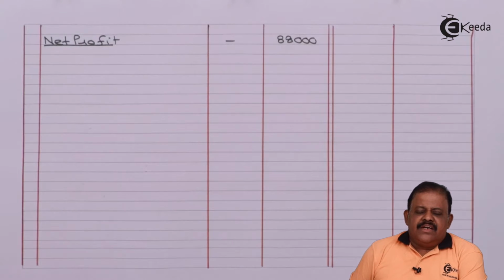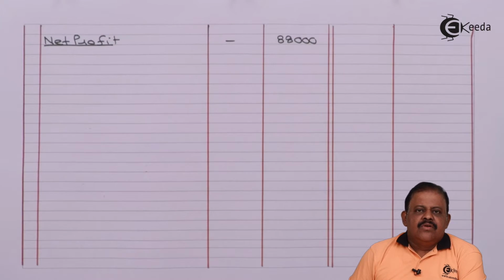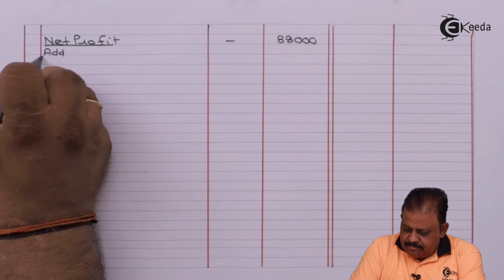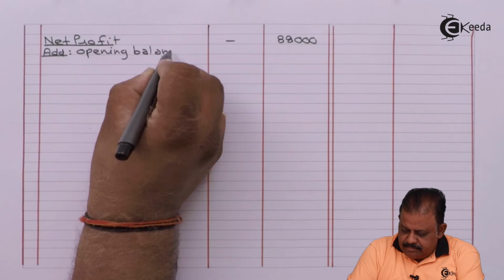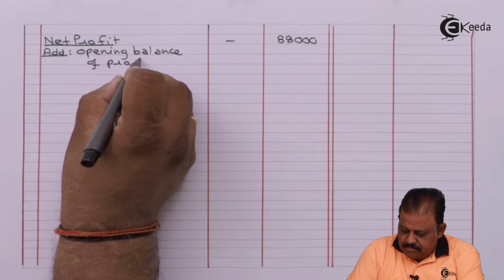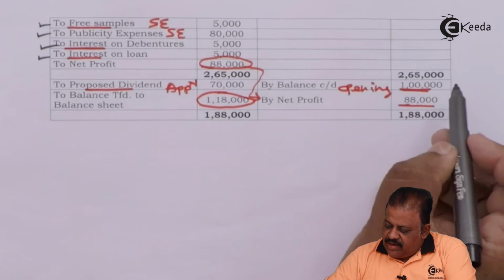Finally we got current year's net profit 88,000. To this we are going to add opening balance of profit. Opening balance of profit we have 1 lakh.